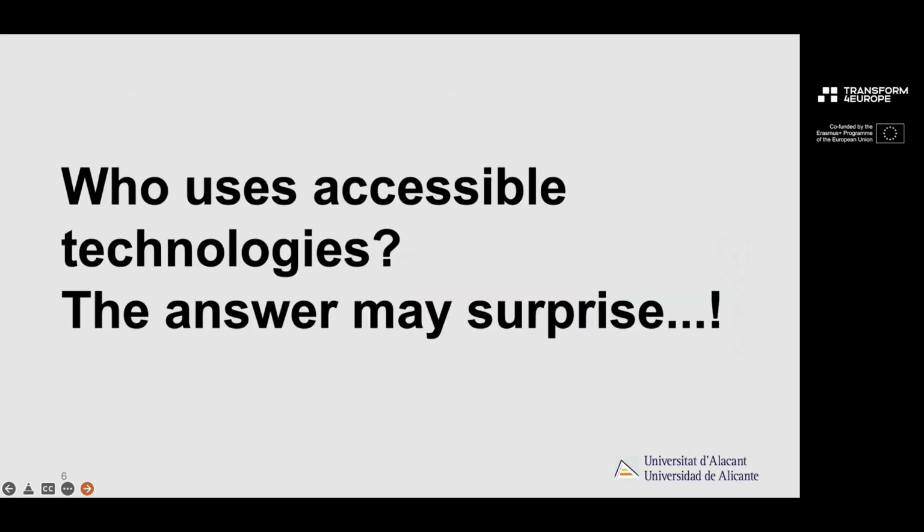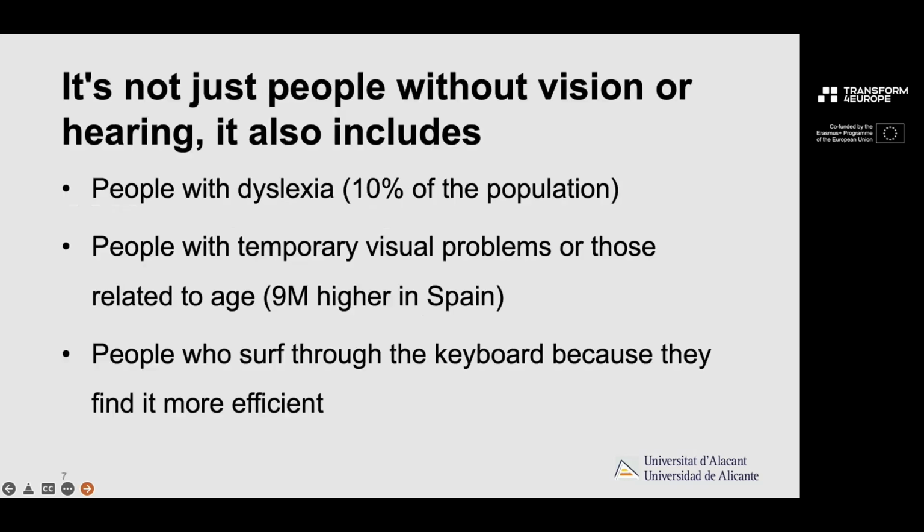Who uses accessible technologies? The answer may surprise you. It's not just people with vision or hearing disabilities. It also includes, first, people with dyslexia, 10% of the population, people with temporary vision problems, or those related to age.